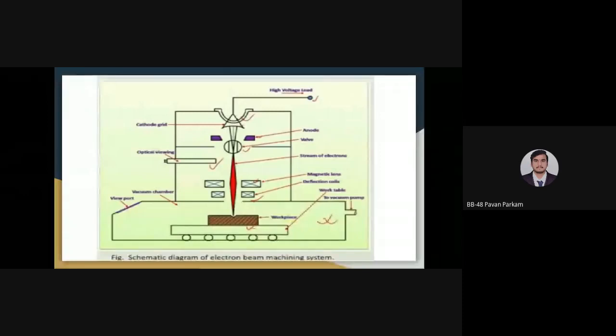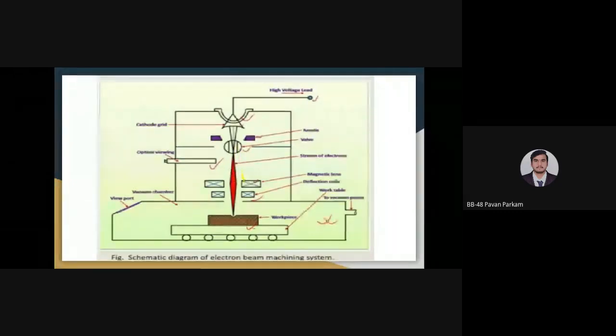It is passed through this coil. You can see here a coil is used. Whatever stray electrons are there, those are filtered. The stray electrons are filtered through this coil.